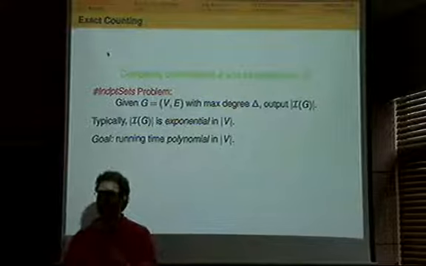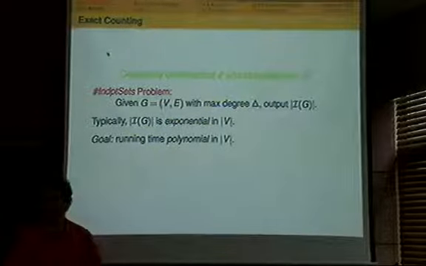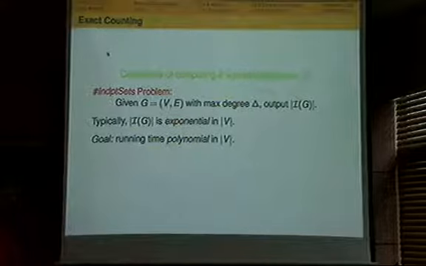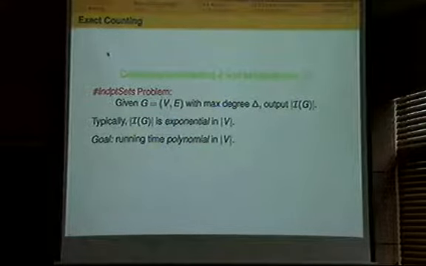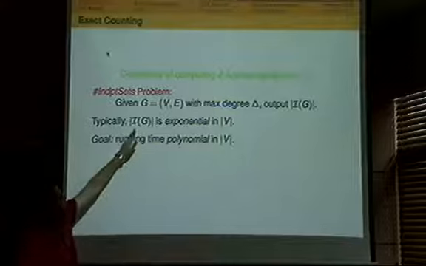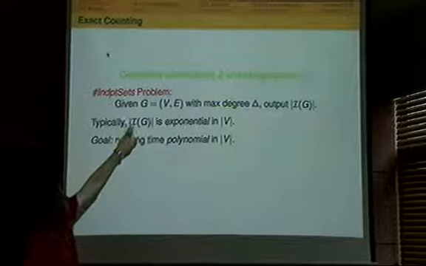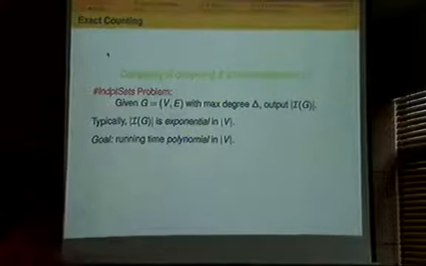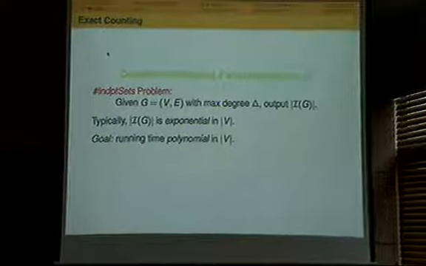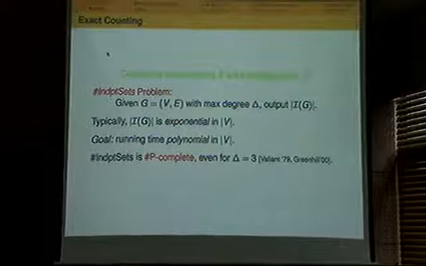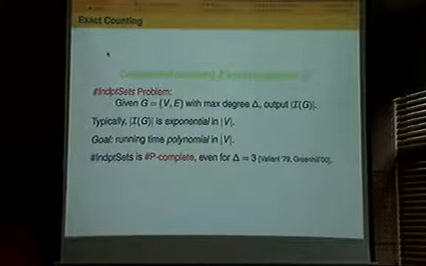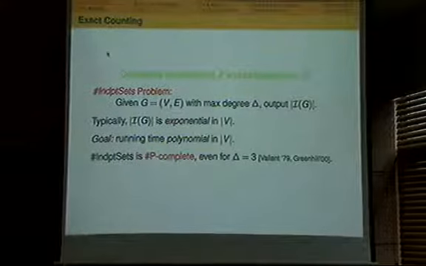This is just a special case of the problem before. So what do I know? The number of independent sets is often exponential in the size of the graph. My goal is to get an algorithm which is polynomial in the size of the graph, but this problem is sharp-P complete. That's the counting analog of NP complete, so it's even harder than NP completeness.